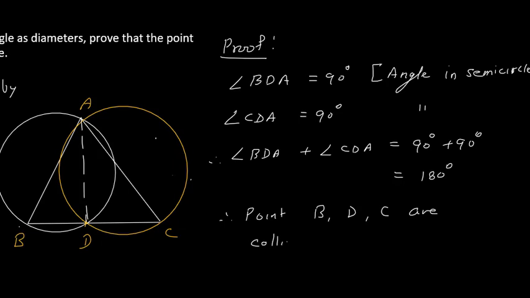When the sum of these two angles is 180 degrees, then the points B, D, C are collinear, meaning all the points lie on the same line. Therefore, point D is on BC.